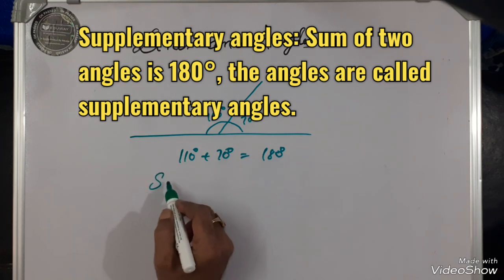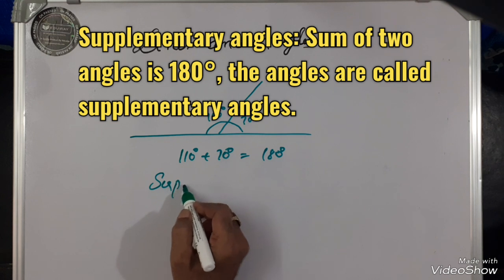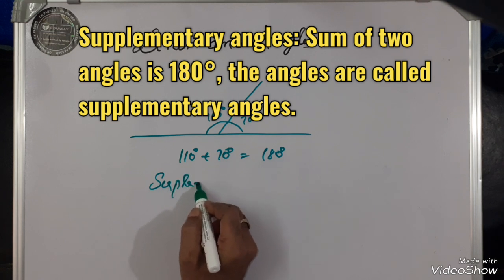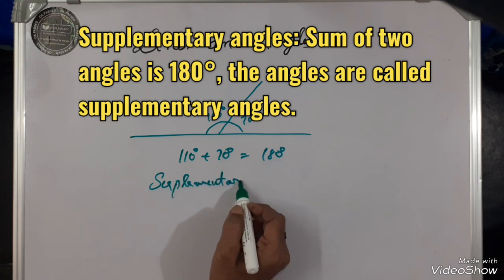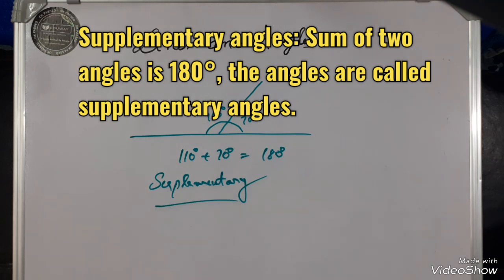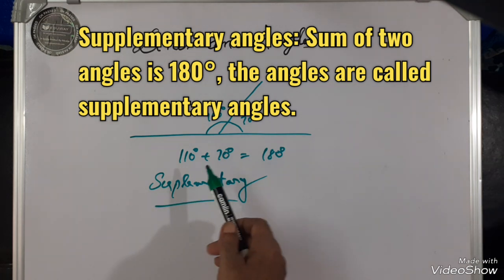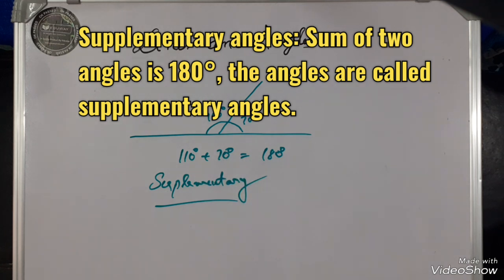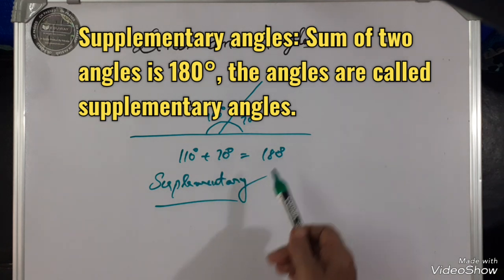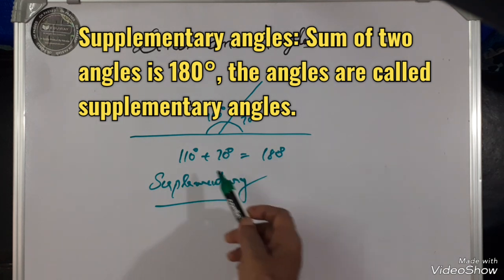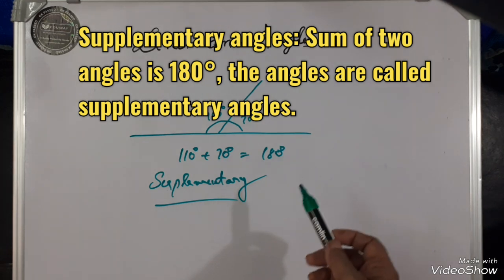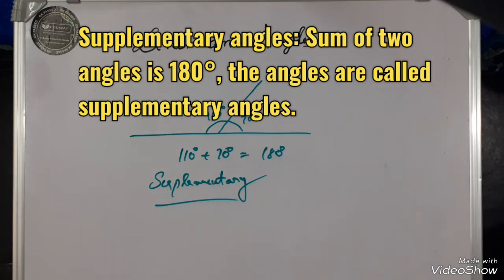So what are supplementary angles? When the sum of two angles is equal to 180 degrees, the two angles are supplementary to each other.